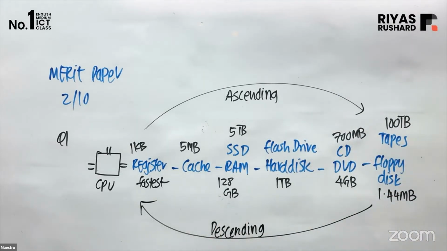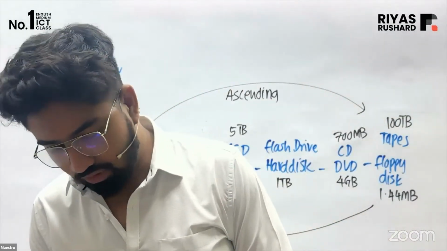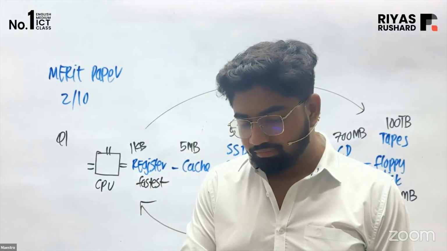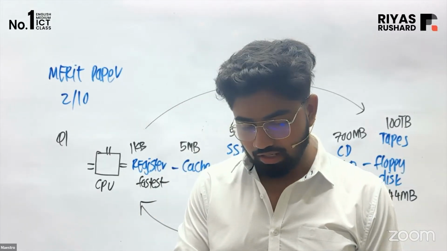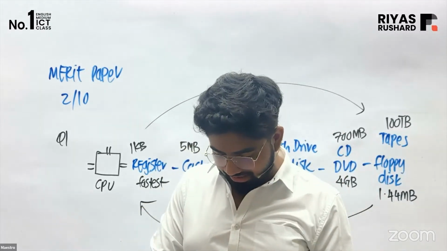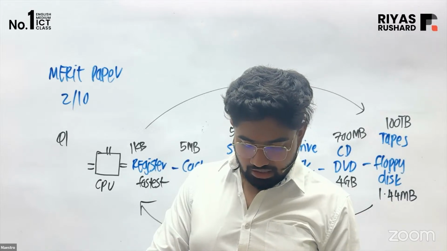Nice. So we come across the fourth one as the answer: magnetic tape, hard disk, primary memory.